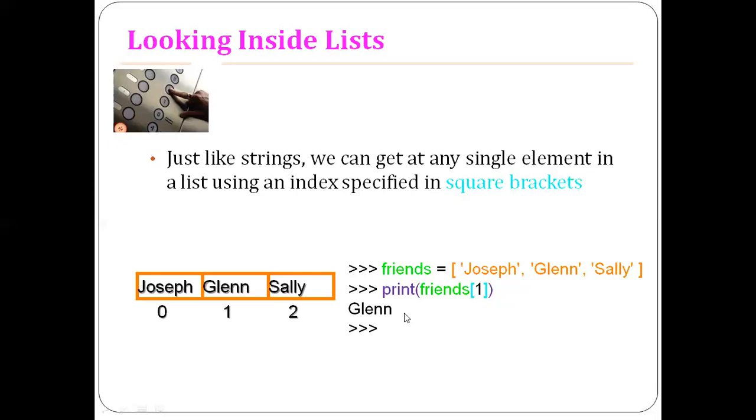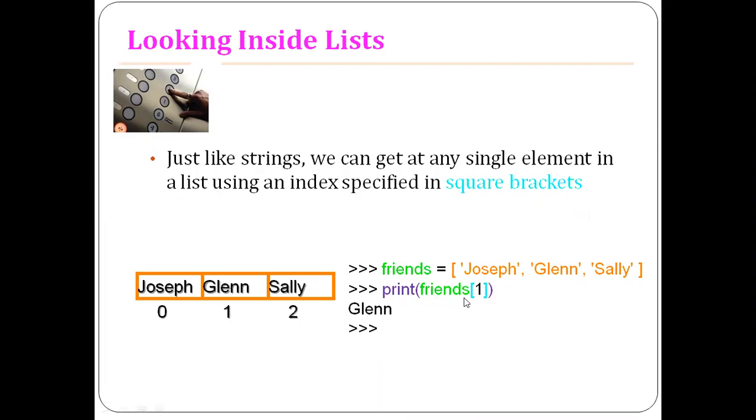on the terminal. So just like strings, we can get any single element in a list using an index specified in square brackets, right? All these elements will have indexes. This is index 0, index 1, and index 2. If you want a particular element at a particular index, you just specify the index number within square brackets, then your job is done, right?